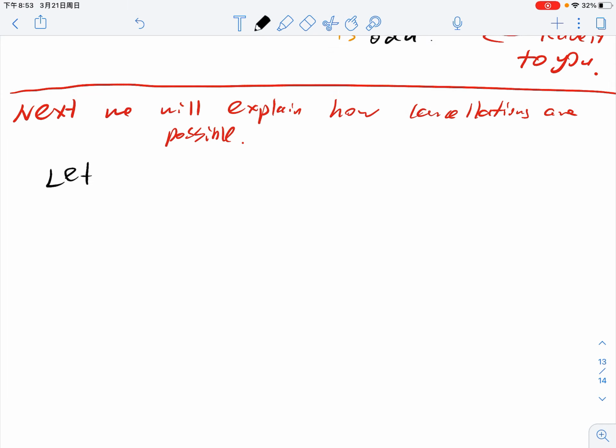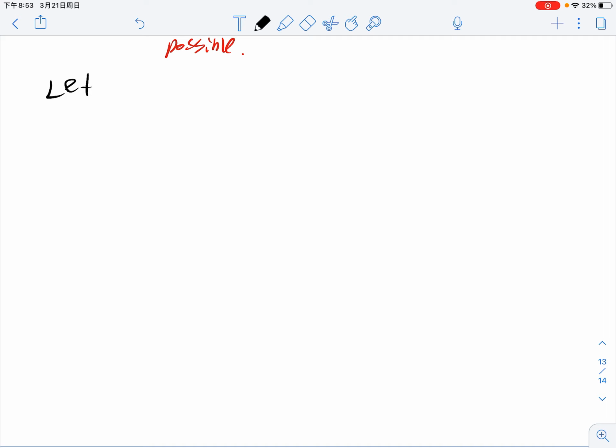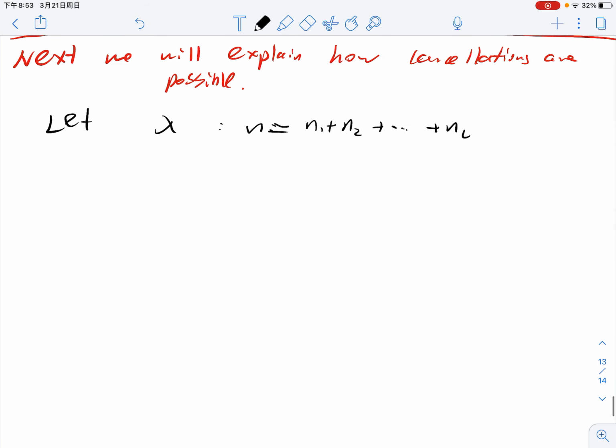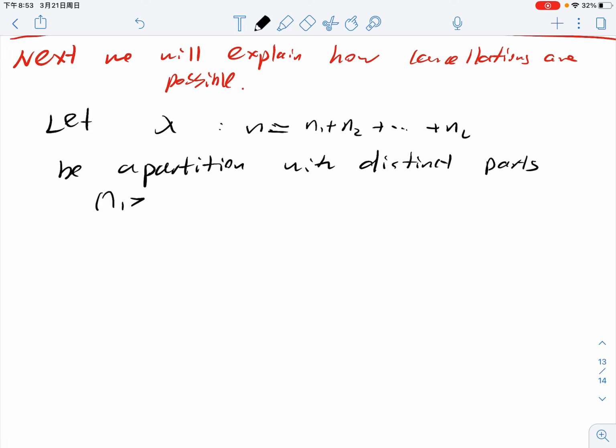So let lambda be a partition with distinct parts. And here also assume the decreasing order.